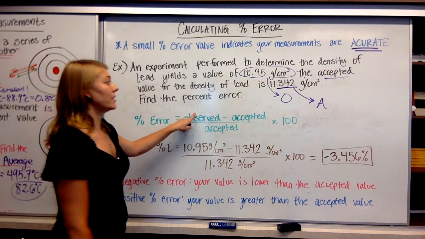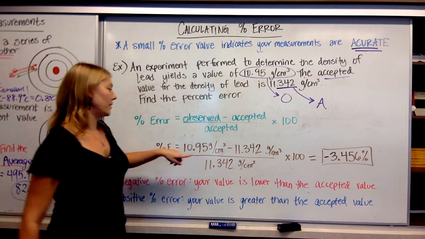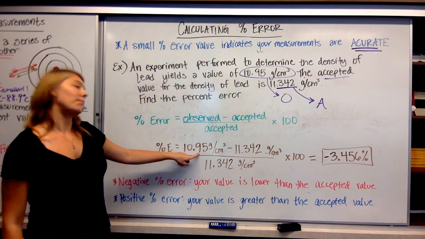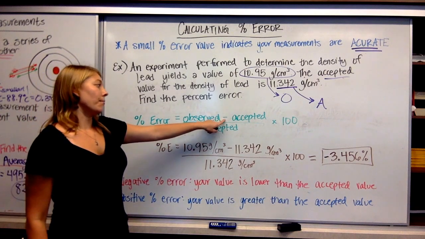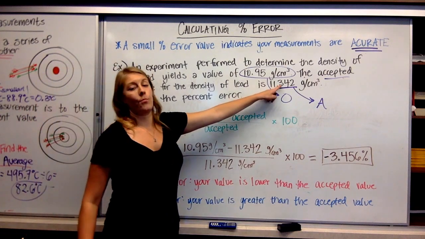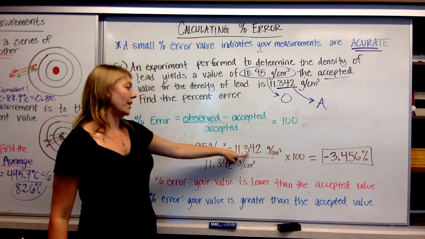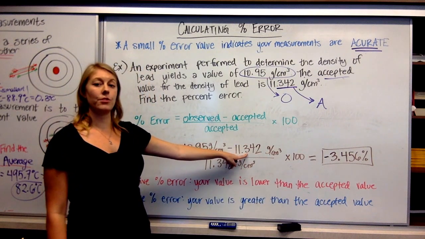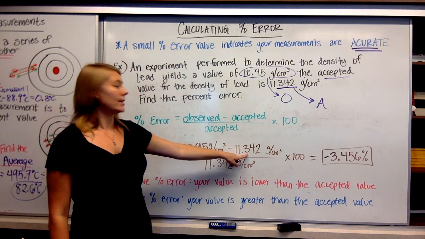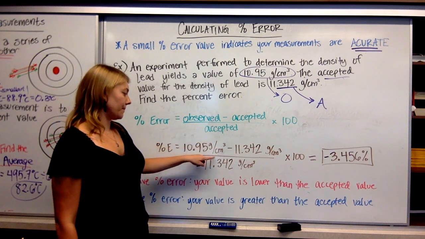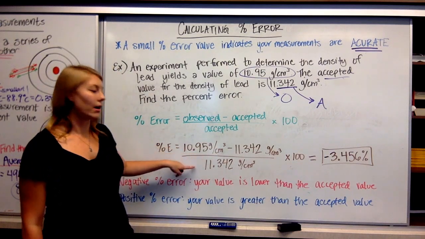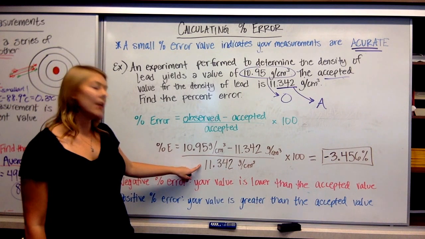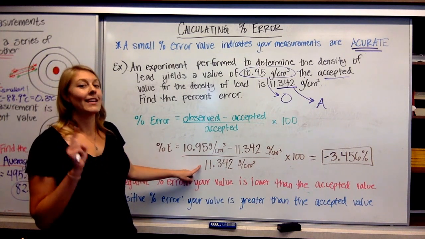So I'm going to plug this into my equation. The observed, 10.95 grams per centimeters cubed, minus the accepted, which is 11.342 grams per centimeters cubed, divided by the accepted. I plug that accepted value in at the bottom too in my denominator. Notice that I'm using units the entire time.